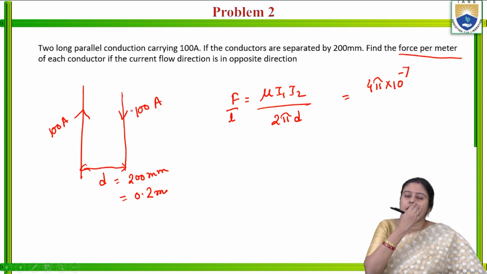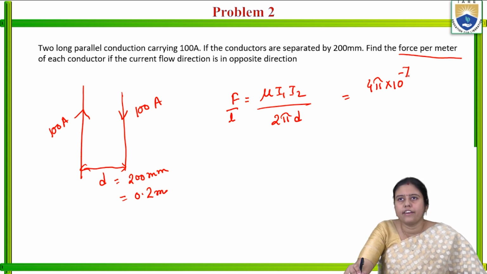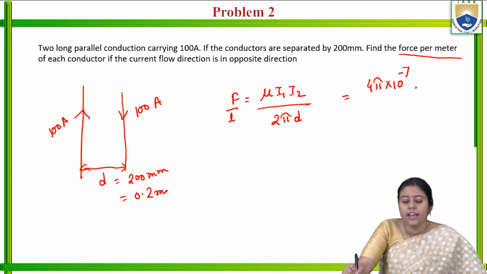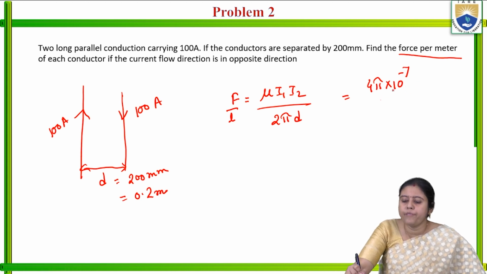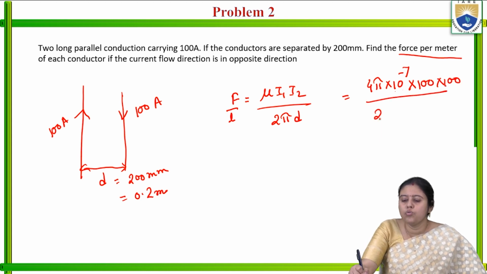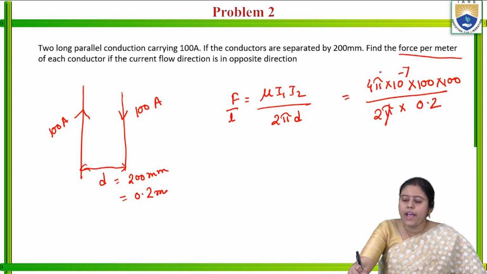For both, the force is same, only the direction differs, it is a repulsive type force. So F is 4 pi 10 to the power minus 7 into 100 into 100 by 2 pi into d, 0.2. So pi will cancel out.